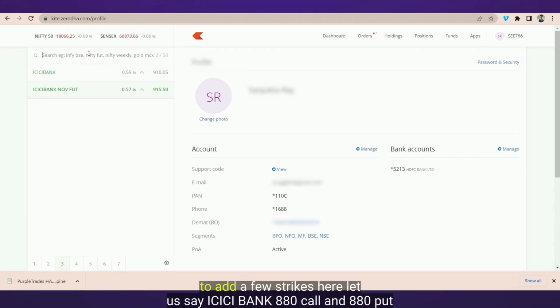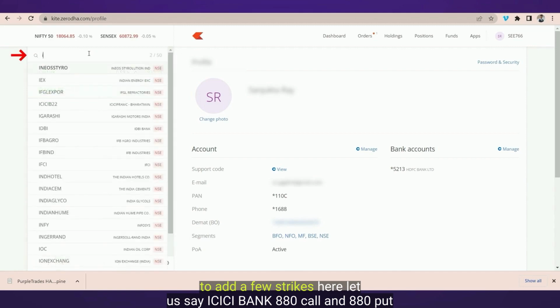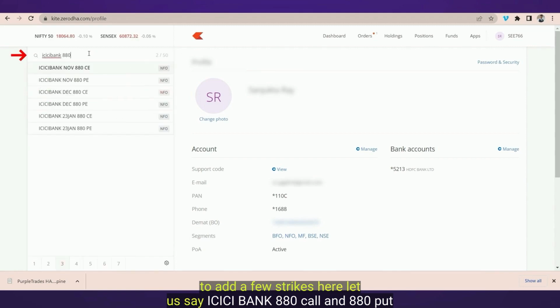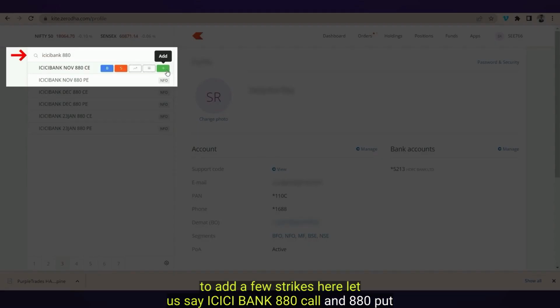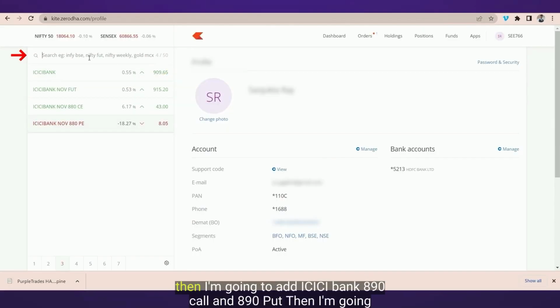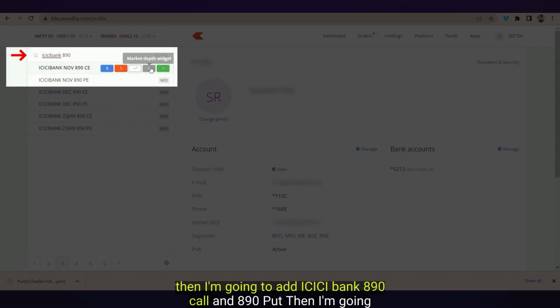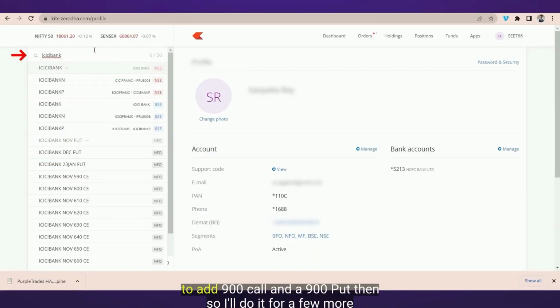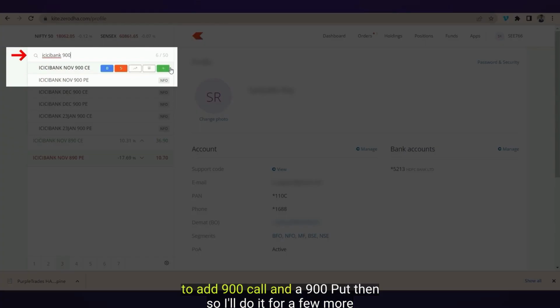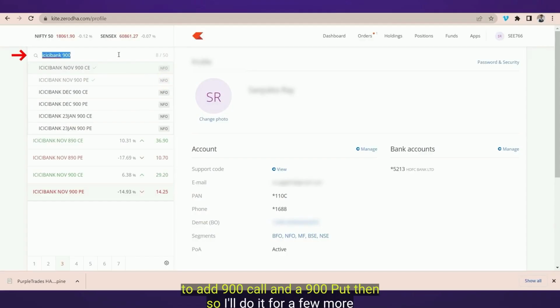So I'm just going to add a few strikes here. Let us say ICICI Bank 880 call and 880 put. Then I'm going to add ICICI Bank 890 call and 890 put. Then I'm going to add 900 call and 900 put.